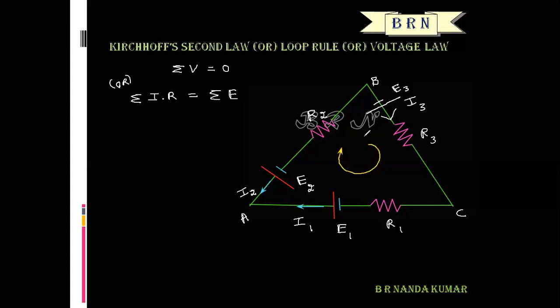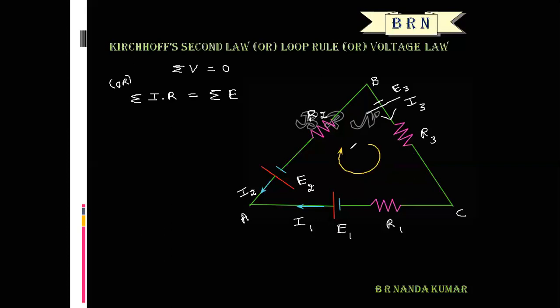Suppose the indication inside the loop is anti-clockwise. In that case, anti-clockwise currents and EMFs are taken as positive, and clockwise currents and EMFs are taken as negative. But here the indication inside the loop is clockwise.